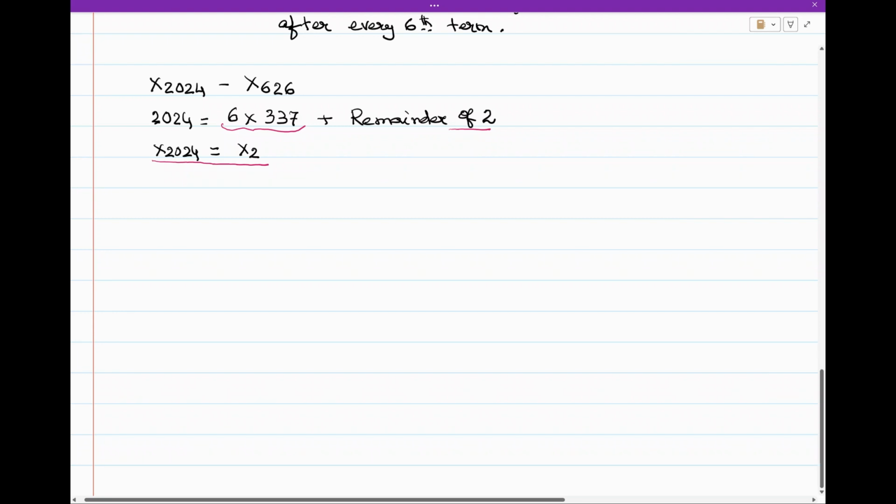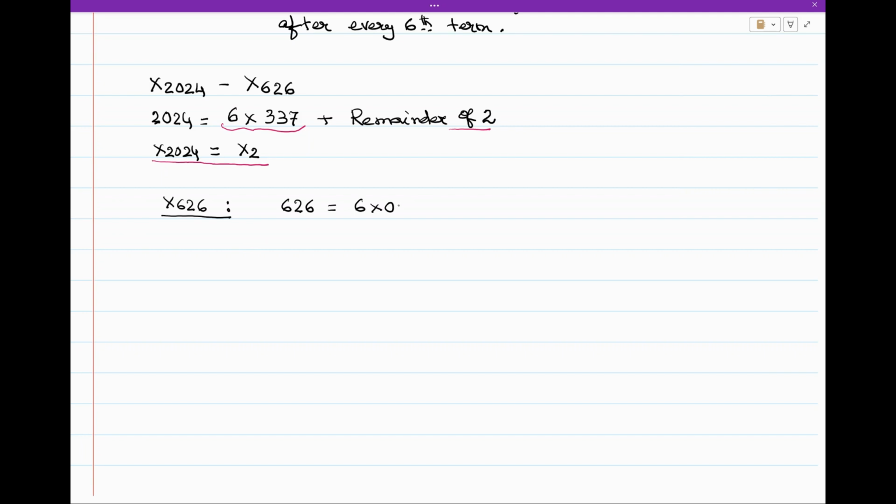Now let us find out what is the value of x626. Now 626, if you divide that by 6, we get 6 multiplied by 104 plus a remainder of 2.